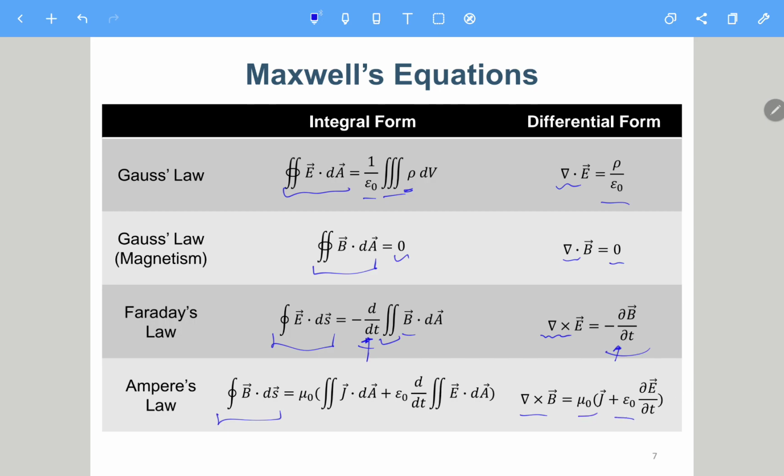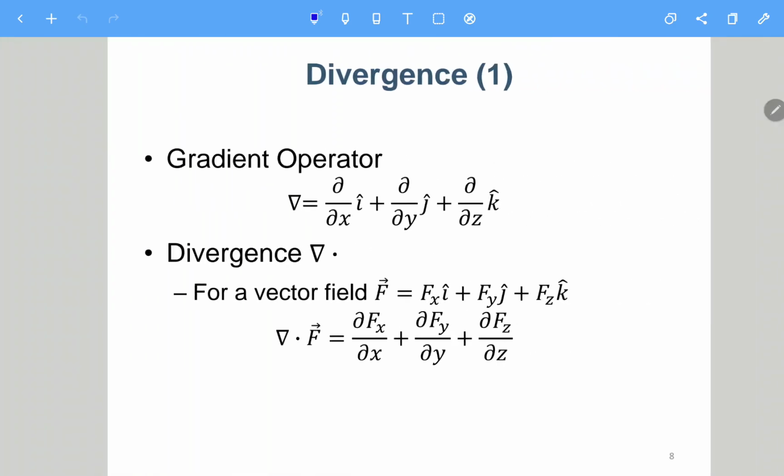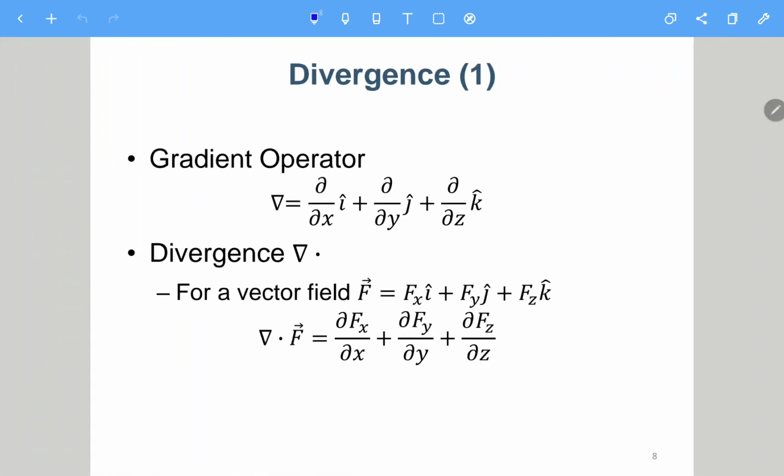So even though you don't know what it is, you can see plenty of regularity, plenty of rules in this conversion from integral form to differential form. Before we show how we can get those equations, first I need to introduce what divergence and curl are.